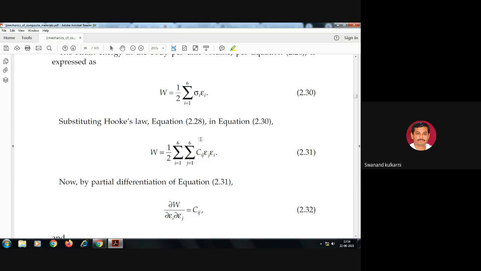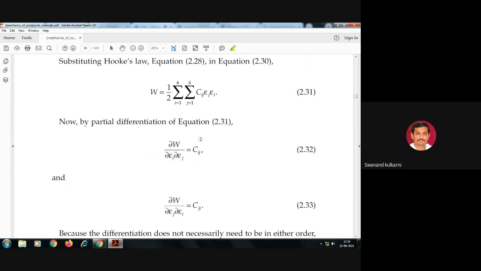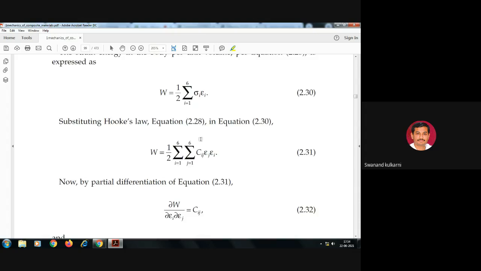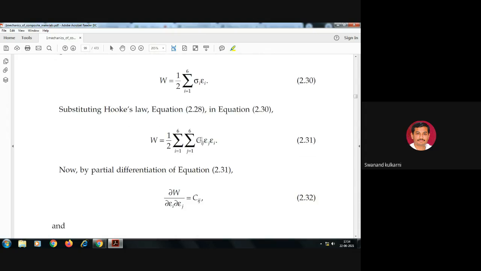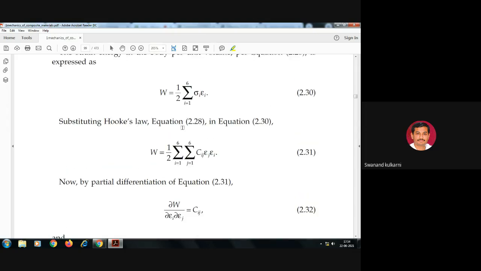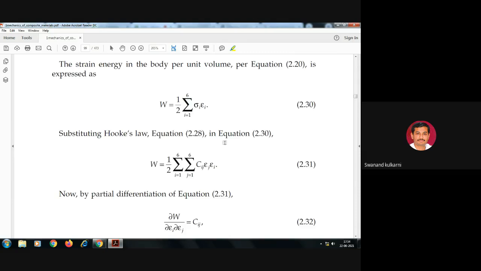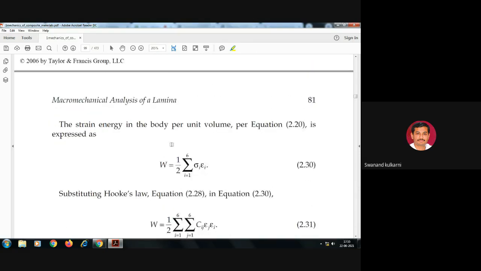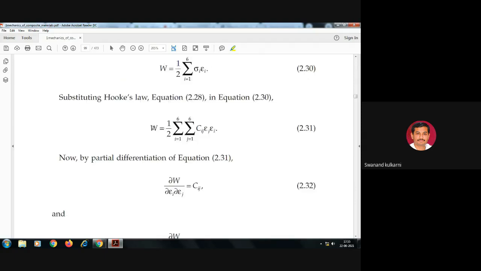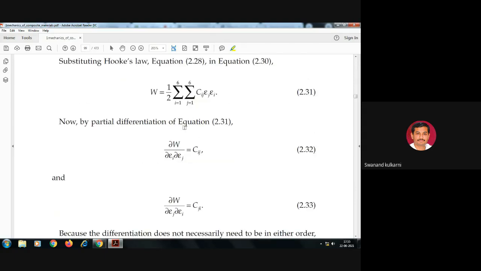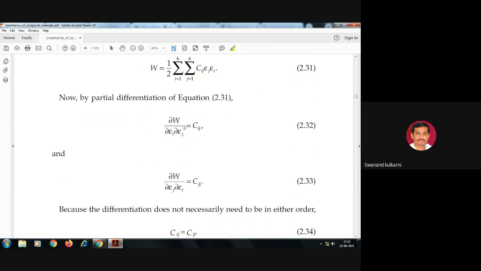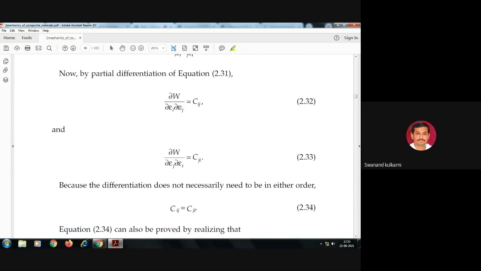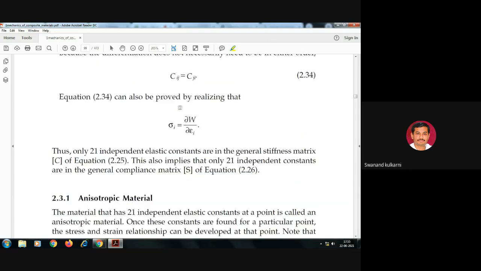So this equation 2.28 is represented like this, and substituting Hooke's law from 2.28 in 2.30, for strain energy, this particular equation is written in that way, and then by partial differentiation, dou W by dou epsilon i dou epsilon j like this.